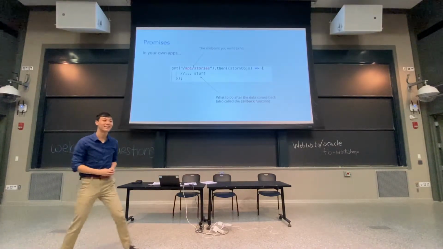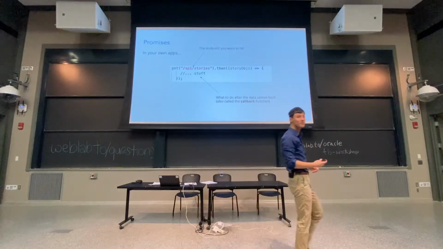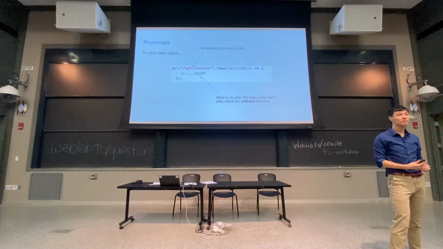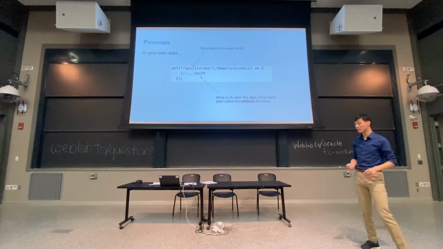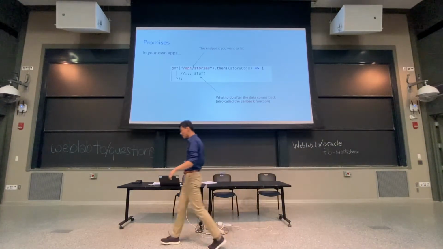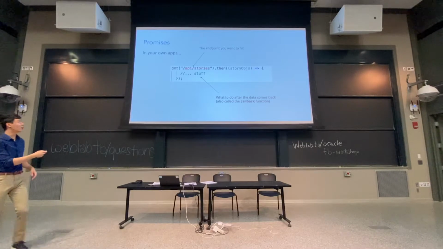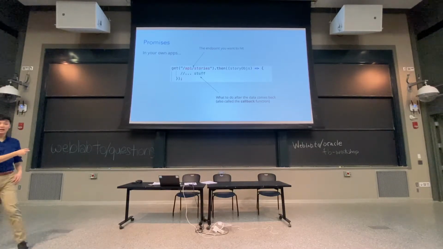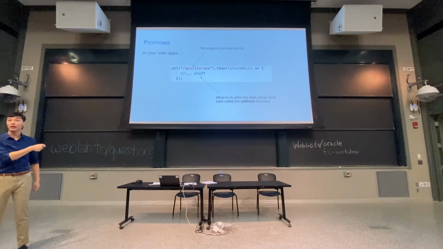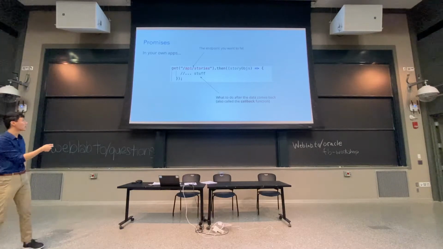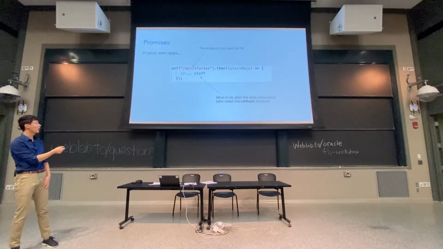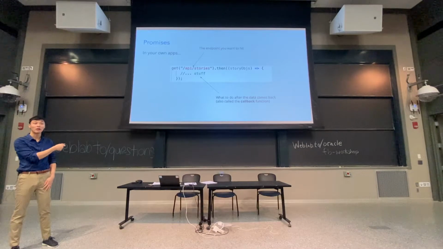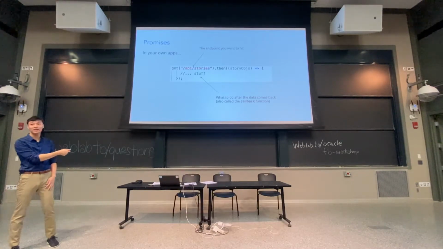Questions on it? Yeah? In general, is the reason why you have to use promises that JavaScript is asynchronous, but some things you want to enforce synchronousness? No, so the idea here is that this function is asynchronous, right? And that means that if we just assign it to a value right here, it would still be a placeholder. So the alternative here is, what if we do get API stories and set that equal to temporary, and then down here you say console.log temporary.